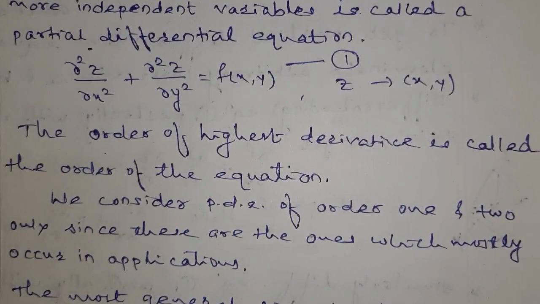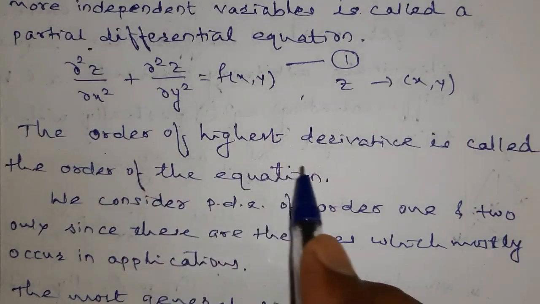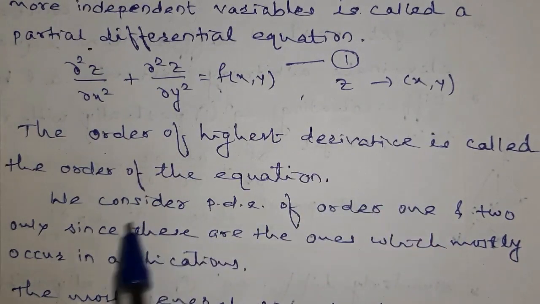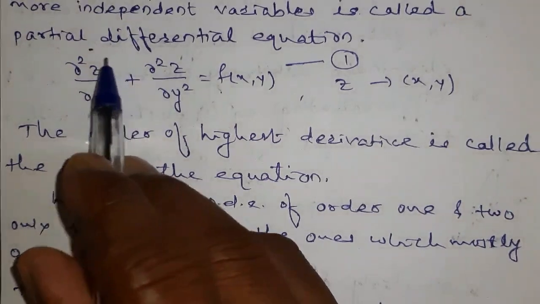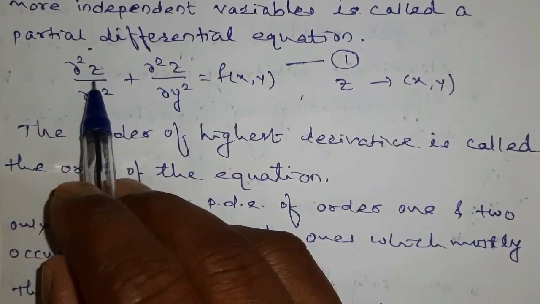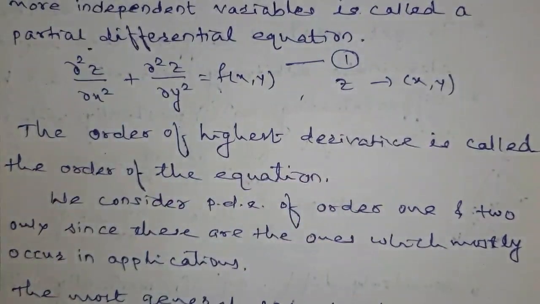The order of the highest derivative is called the order of the equation. Just like in this, the highest derivative is of order 2, so it is clearly a second order differential equation.